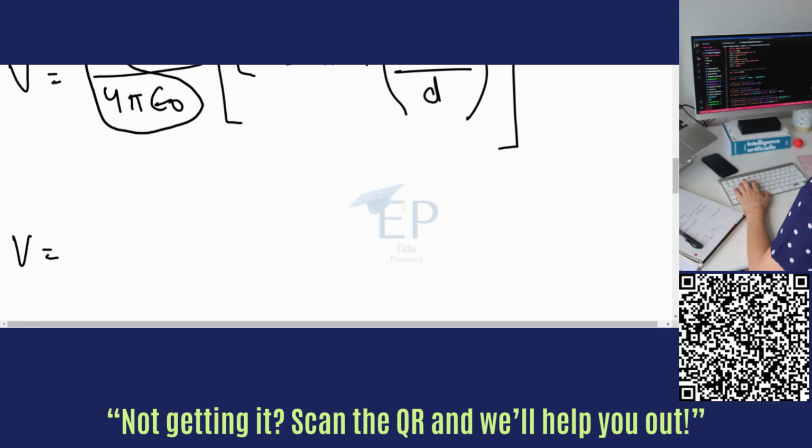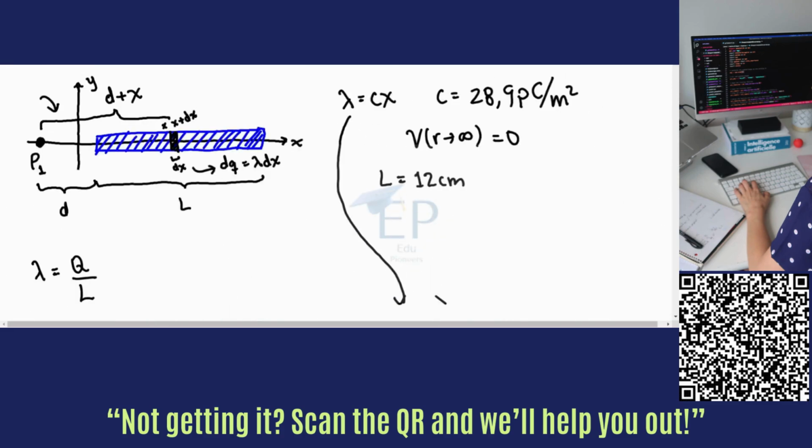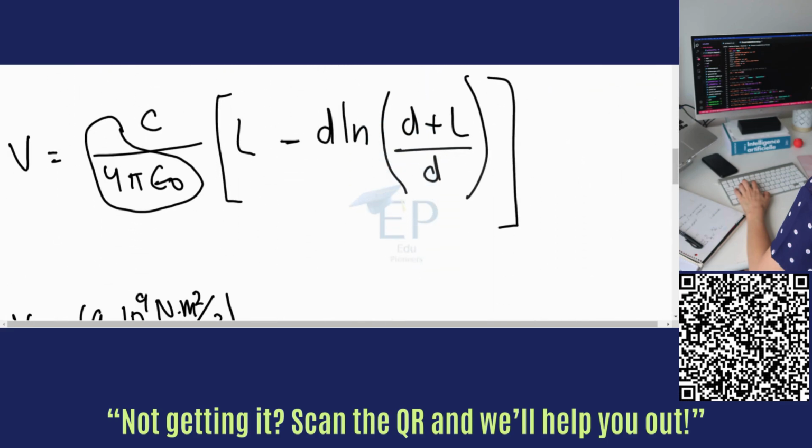has a value of 9 times 10 to the 9th newtons per meter square over coulomb squared. And the constant c has a value of 28.9 pico.